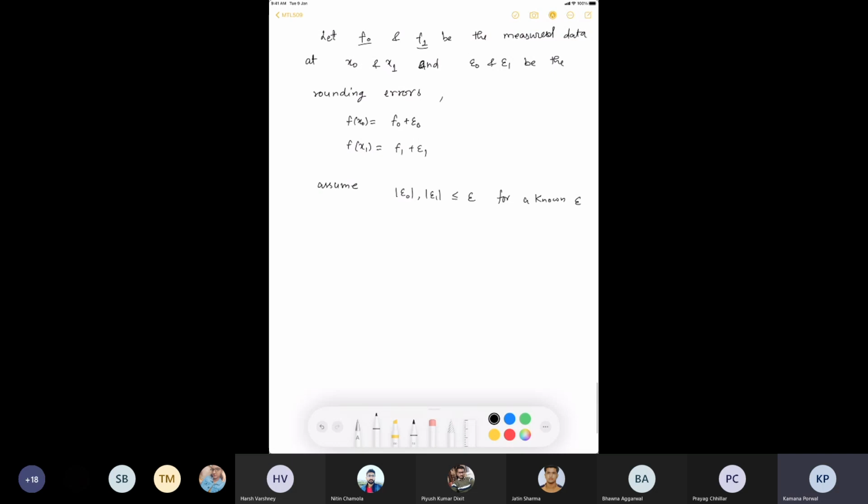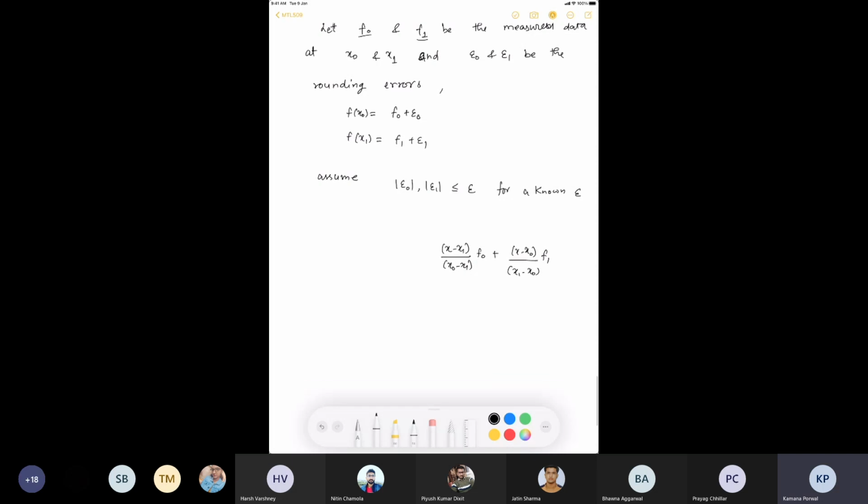So the interpolating polynomial is going to be, let me write it explicitly, (x minus x1) divided by (x0 minus x1) into f0 plus (x minus x0) divided by (x1 minus x0) into f1, right? This is what will be the linear interpolating polynomial.